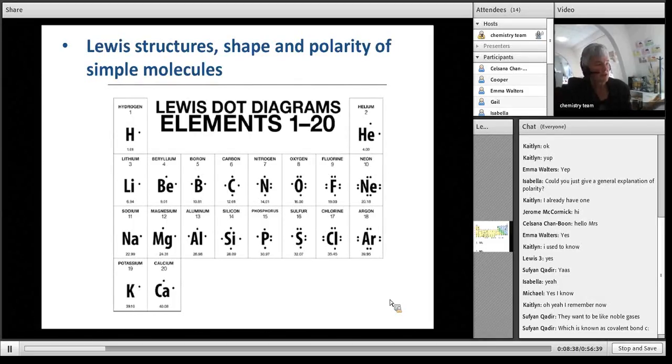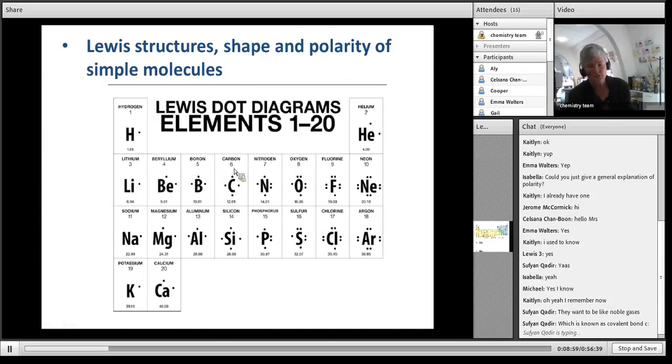If you have a look, hydrogen, lithium, sodium, potassium all have 1 dot. Group 2, beryllium, magnesium, calcium, all have 2 dots. And you can see group 13, because we've skipped out all the transition metals, 3 dots, group 14, 4 dots, 5 dots, 6 dots, 7 dots, and group 18 has got 8 dots.